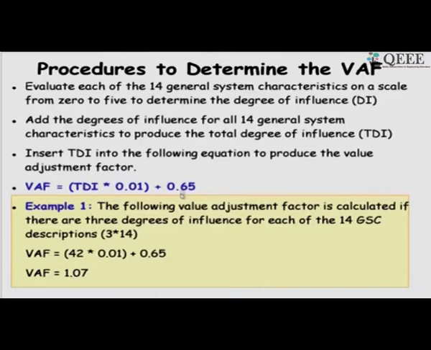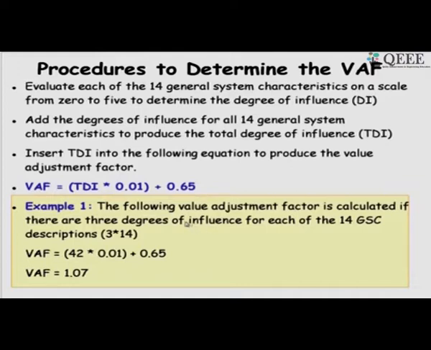So, the effect of the value adjustment factor is to either reduce it by 35% or increase it by 35%. So, the final function point count will be something from 65% of the computed UFP to 135% of the input value.